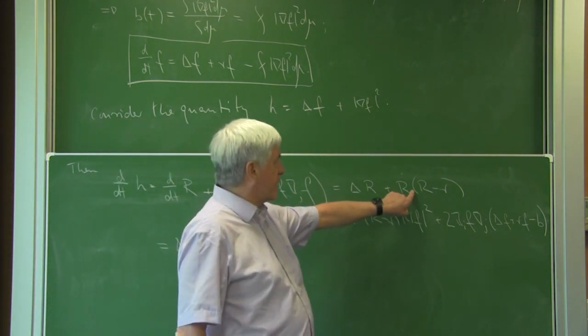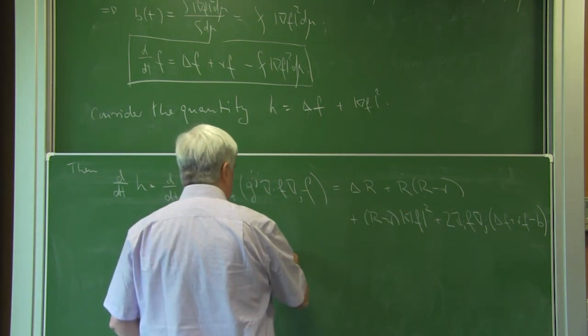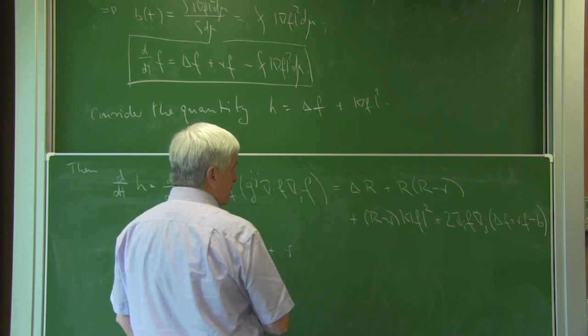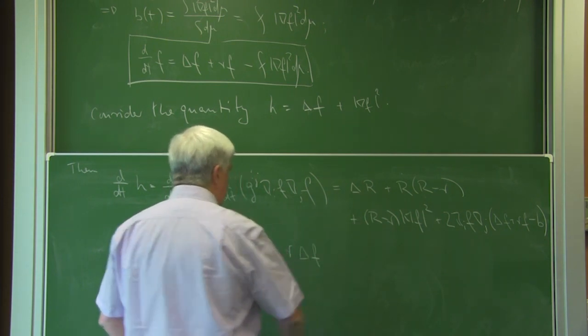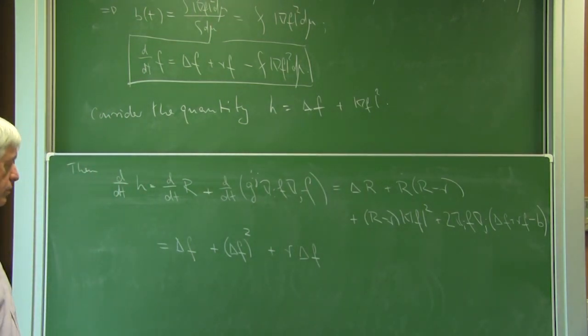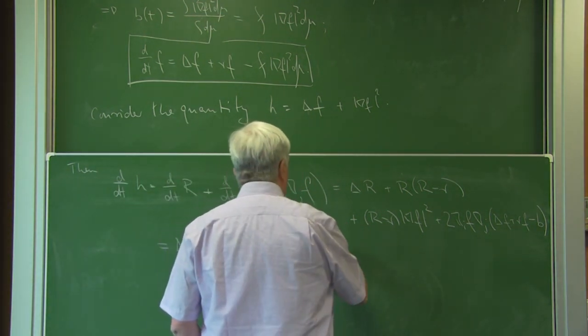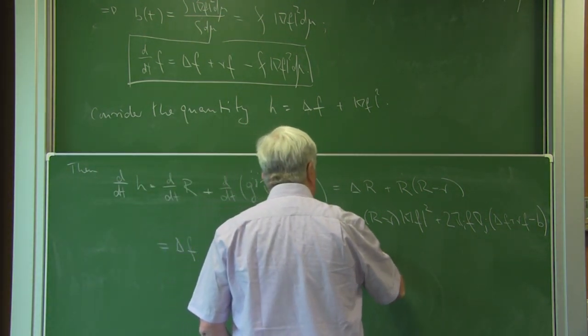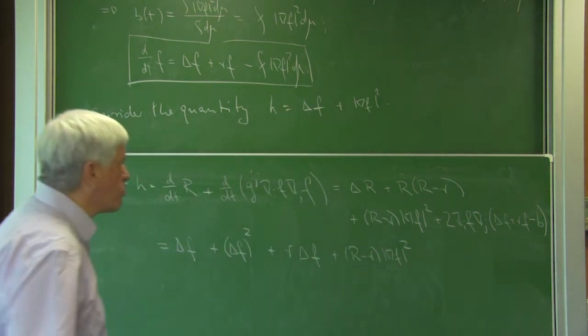Here I made a mistake because I didn't subtract the little r, so I put the little r back in. So this is little r times Laplacian f. And then we have here plus (R minus r) times the gradient of f squared.